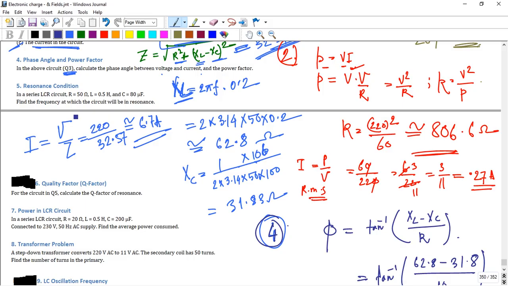Now we jump to question number 5. In a series LCR circuit, R, L and C are given. Find the frequency at which the circuit will be at resonance.